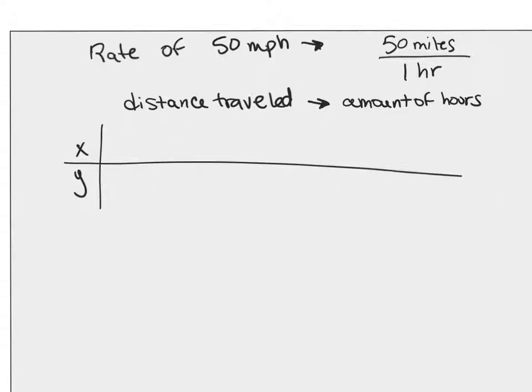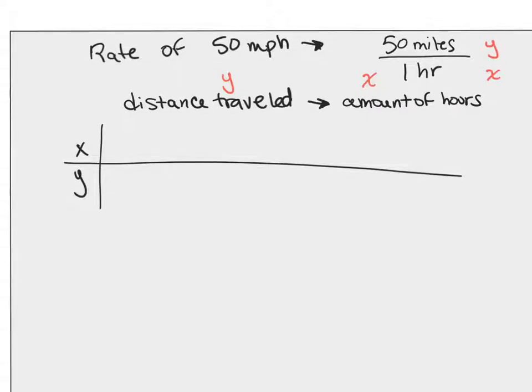So if we were going to identify the dependent and independent variables based on the knowledge that we've already gathered, we know that if the distance depends on hours, then the distance is the y and the hours is the x, because the y always depends on x. So if we were to put the variables up here on the rate, we would symbolize that miles is the y and that the hours is the x.